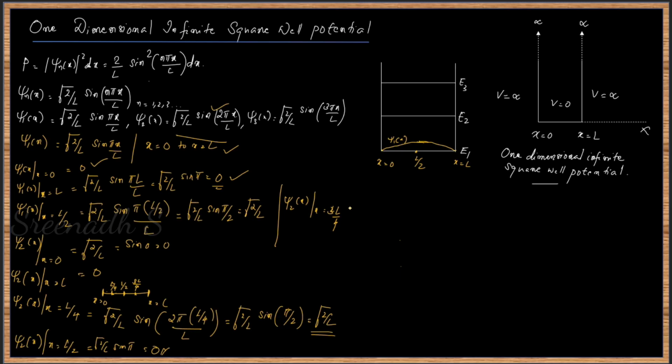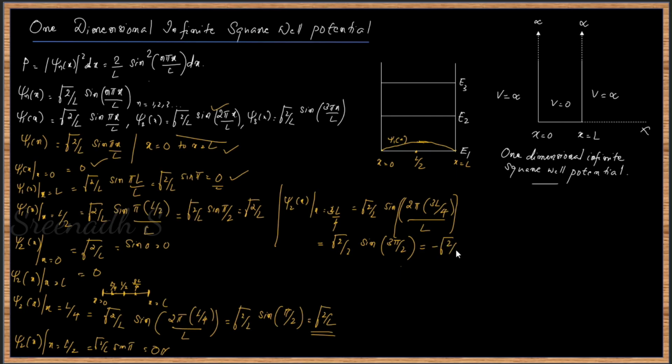Square root of 2 by L sine of 2 pi times 3 L by 4 divided by L. The L cancels out. What will you get? Square root of 2 by L sine 3 pi by 2. It is 3 pi by 2, which is minus 1, right? So minus square root of 2 by L.